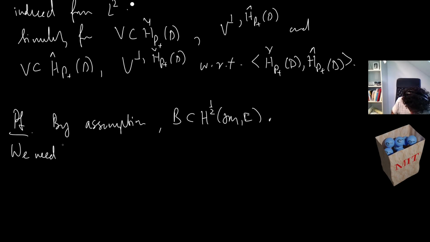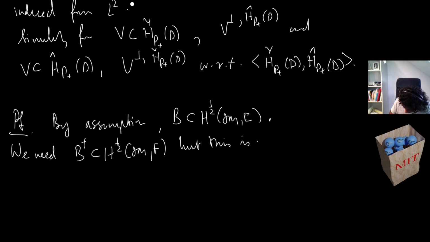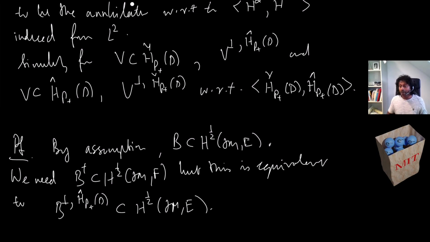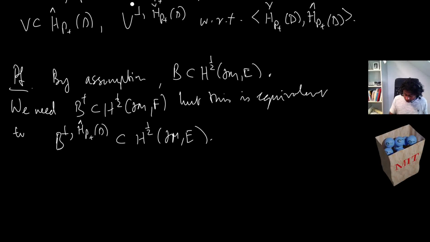We need B dagger to be in H half MF, but this is equivalent to being annihilated in H check P plus of D sitting in H half of dM of E. Okay, and that's because we have this perfect pairing, and because we can now describe boundary conditions with respect to the P plus.